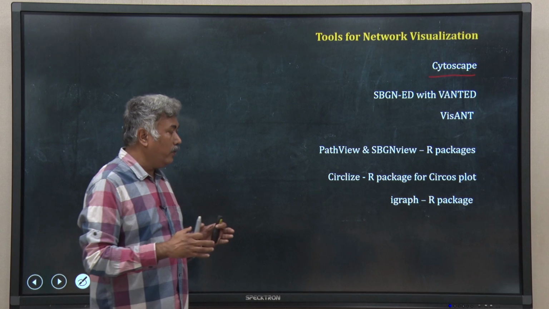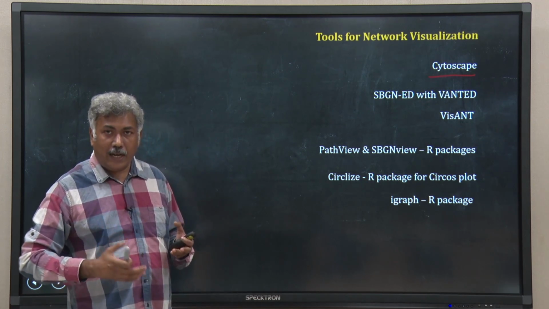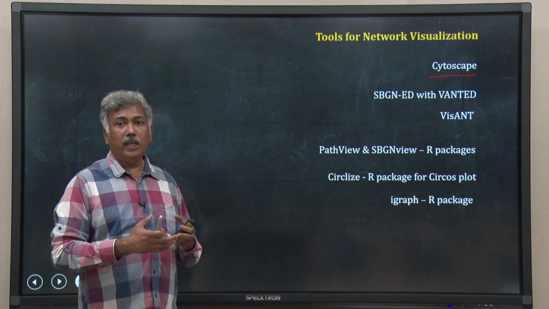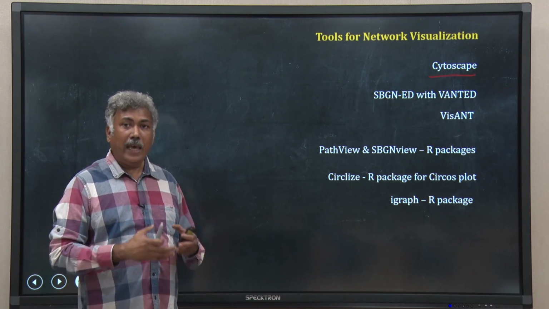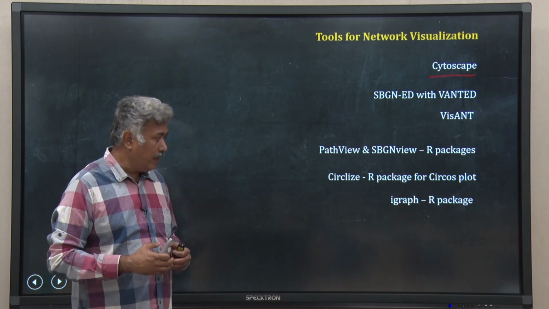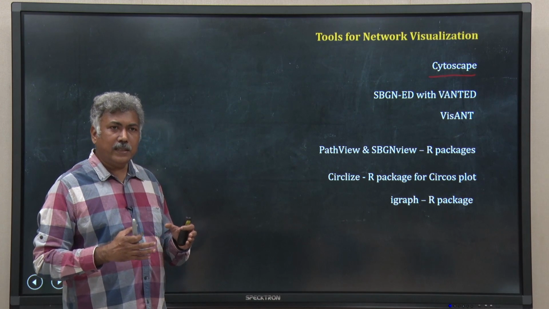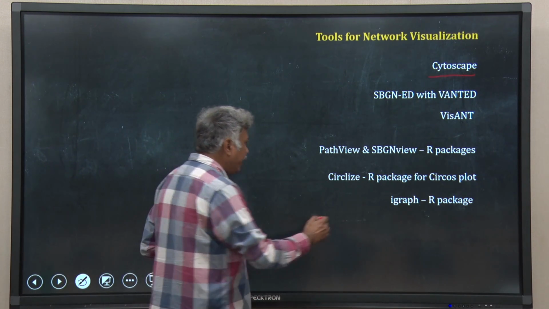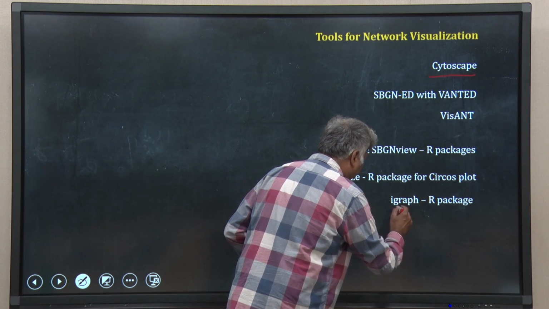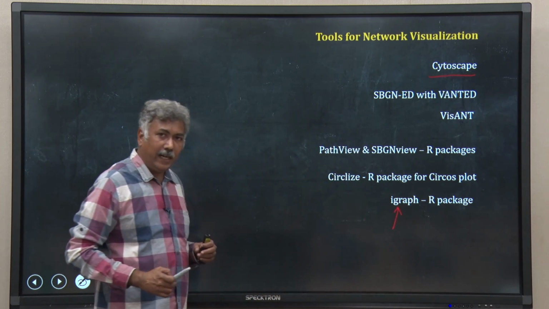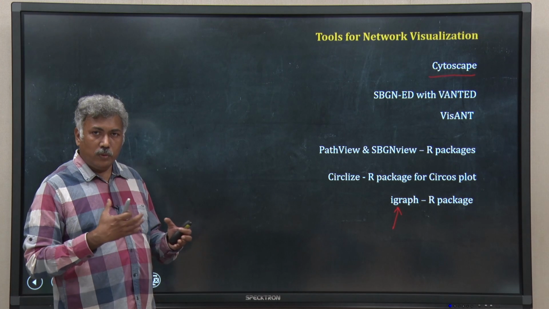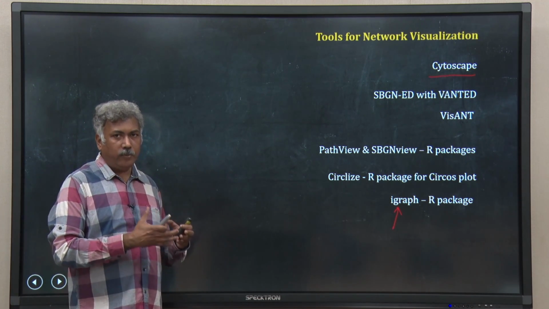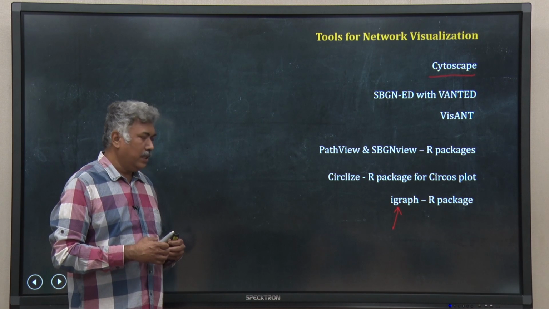Apart from that, if you are familiar with R and you want to work in R, then there are lots of R packages to create a graph, visualize them and to quantitatively analyze them. For quantitative analysis of graphs and networks, and visualization to some extent, the iGraph package is the gold standard package in R. So, if you want to do lots of calculations, quantitative analysis of the network, then you have to look into the iGraph package.